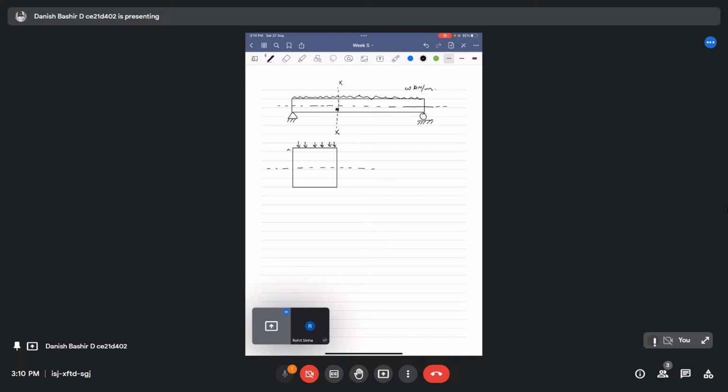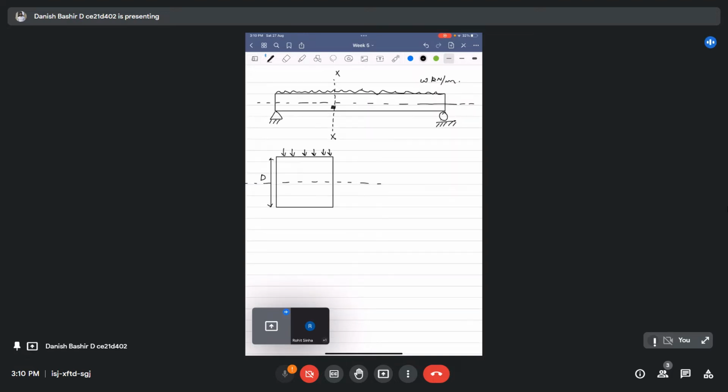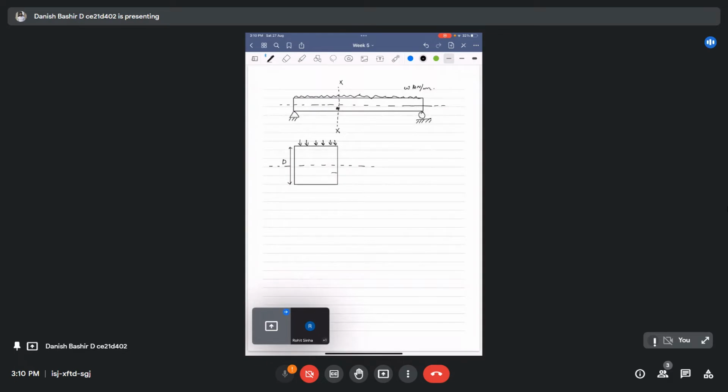If this would be the gross depth of this section, D, the complete depth, we are already seeing it at this point, small, below the neutral axis. Let this be at a distance of y from the neutral axis. If I see the forces coming here, first will be the shear force at this section, and the bending moment coming like this one.